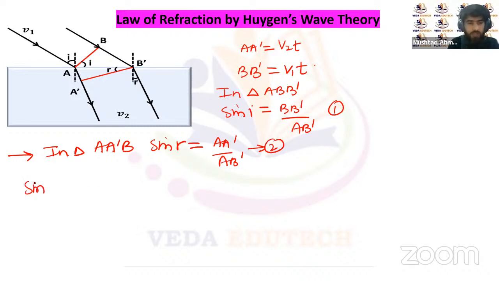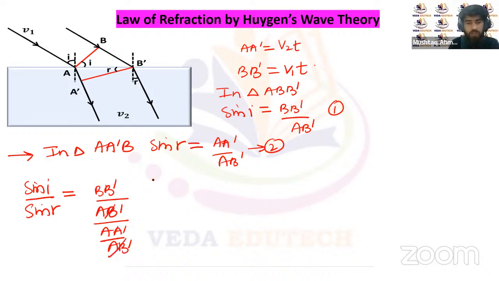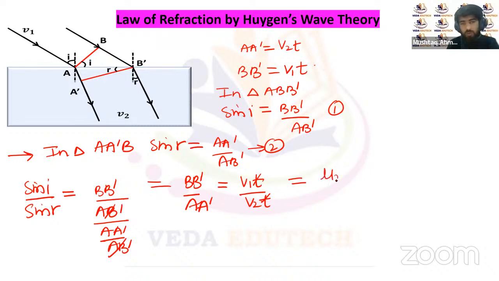Sine I upon sine R will be equal to PB dash upon AB dash, divided by AA dash upon AB dash, right? Now AB dash and AB dash will get cancelled. We'll be left with BB dash upon AA dash, right? BB dash is V1T, and AA dash is V2T, right? This T and T will get cancelled. It's equal to mu2 upon mu1, right?